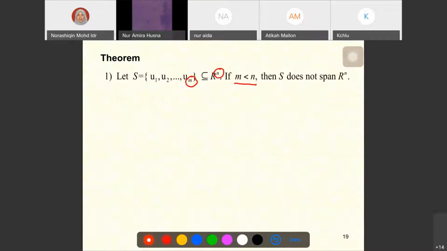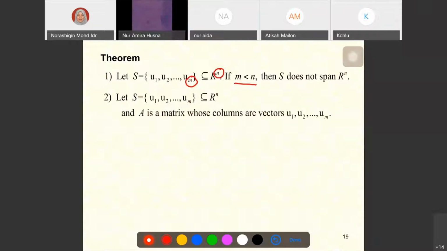Again, let S be that subset of Rn, and A a matrix whose columns are the vectors u1 until um.